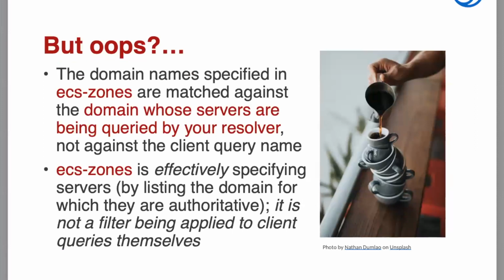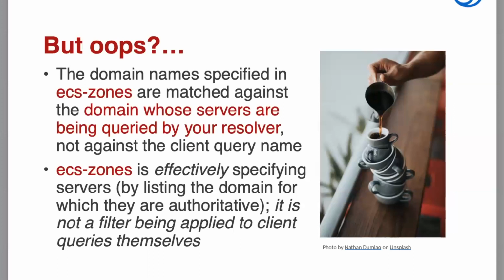However, there is something that can bite you unexpectedly when you are configuring ECS zones. What you are saying with ECS zones is, if I am sending a query to one of the name servers for this zone that I have listed in my ECS zones options, then I want to use ECS with those queries and also below those zones.